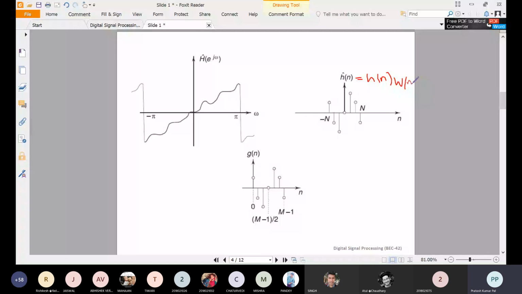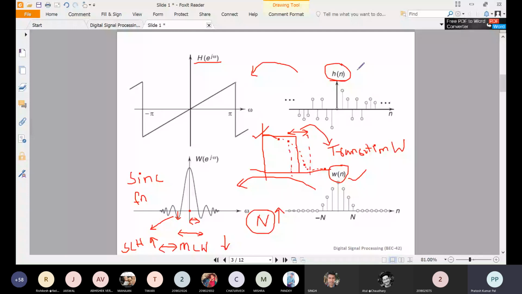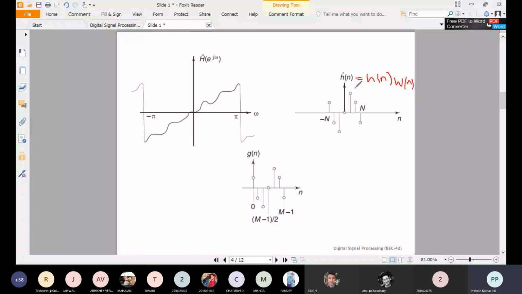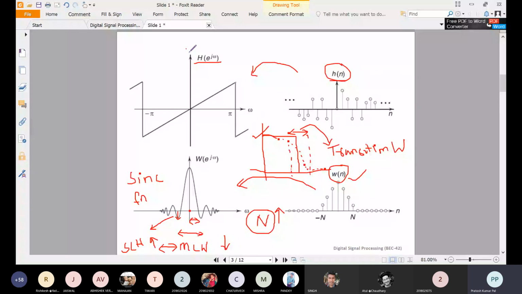If we are multiplying these two functions obtained previously, this one from the given frequency response, and this the window function, which is a predefined function, we select one window function, multiply it with h of n, and obtain h dash of n. That h dash of n will be having a frequency response like this. So after multiplying, this will be the frequency response. In the previous one, this was our original frequency response.